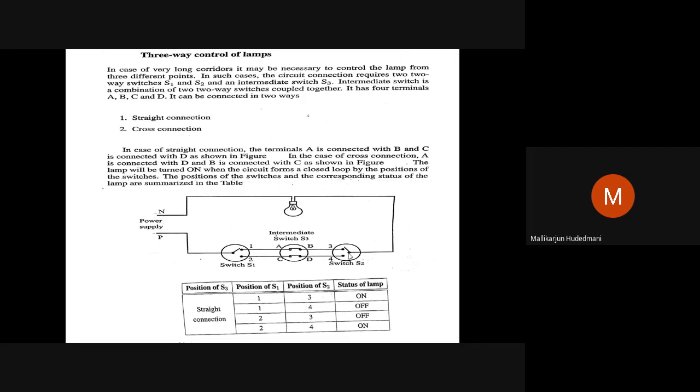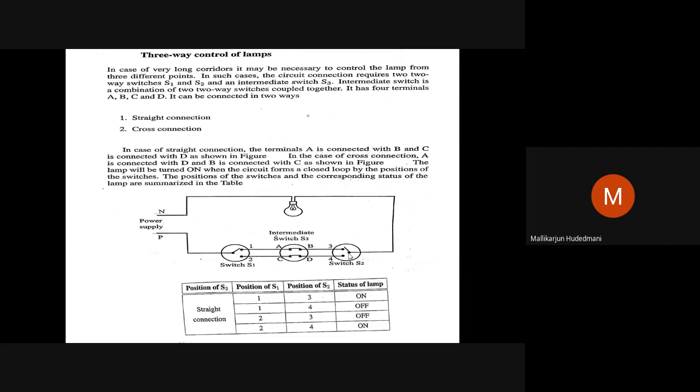This way, the garden lamp wiring or control of any electrical equipment from 3 points is possible by use of two-way switches, one intermediate switch, and a proper connection between them. Making the intermediate switch operate as straight and cross, I can manage S1, S2 and generate 8 combinations. 2 raised to 3 works out to 8 combinations.